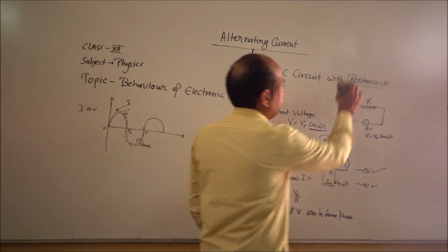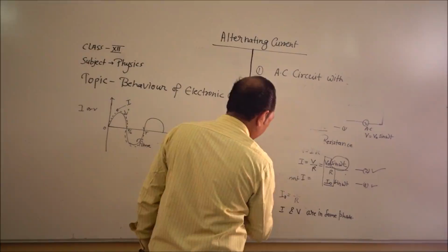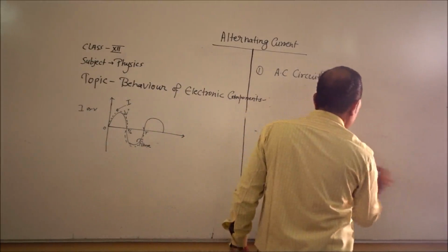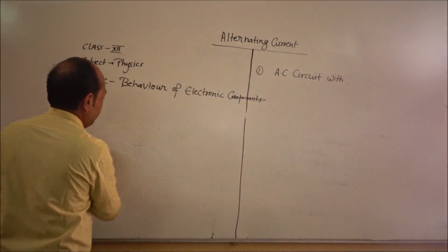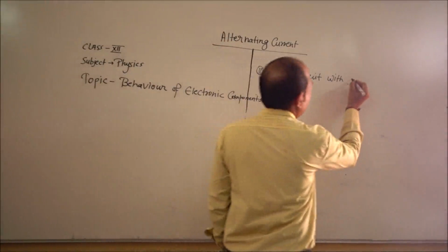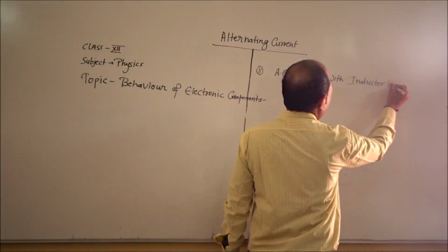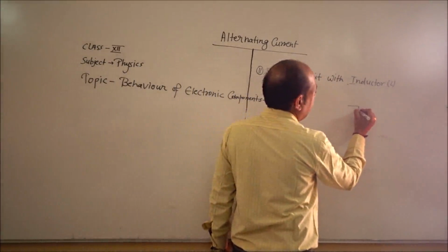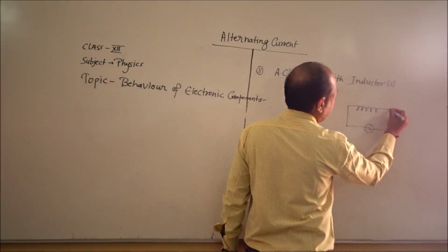Okay. Second, we come to AC circuit with inductor, that is L. So now I draw one circuit in which the inductor, that is a coil, is connected with an AC source.